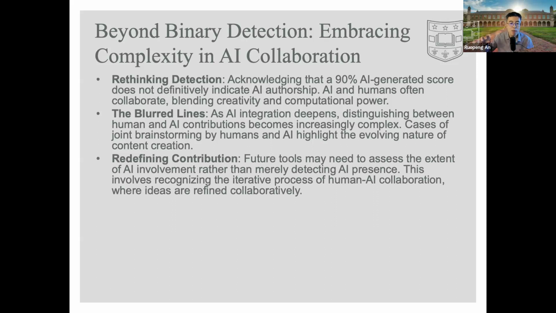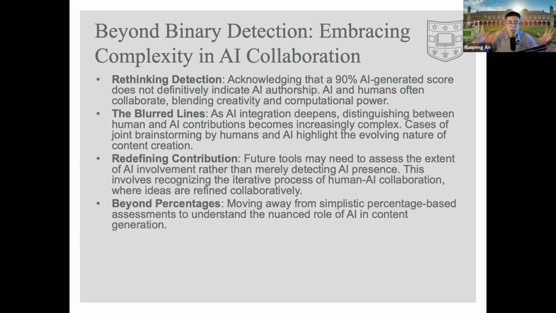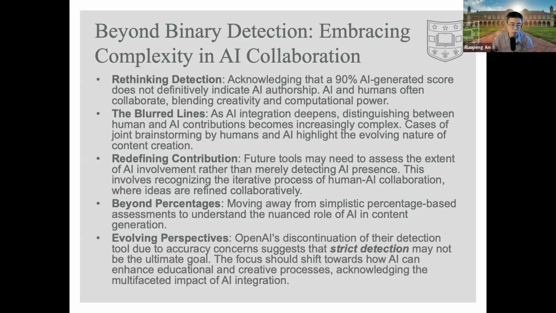So this really involves recognizing the iterative process of human-AI collaboration, where the ideas are refined collaboratively. And we need to move beyond the percentages, moving away from a simplistic percentage-based assessment to really understand the nuanced role of AI in content generation.